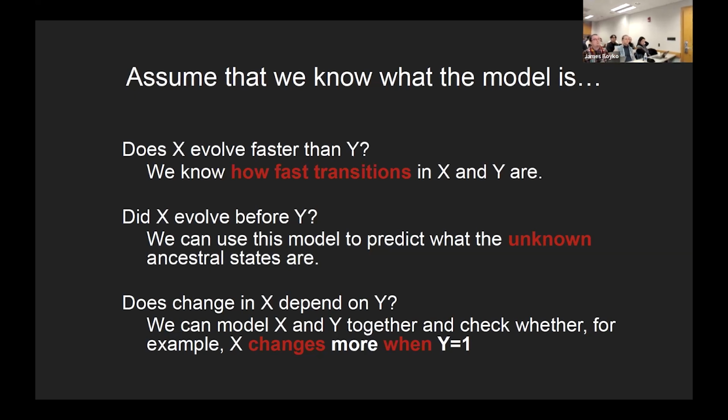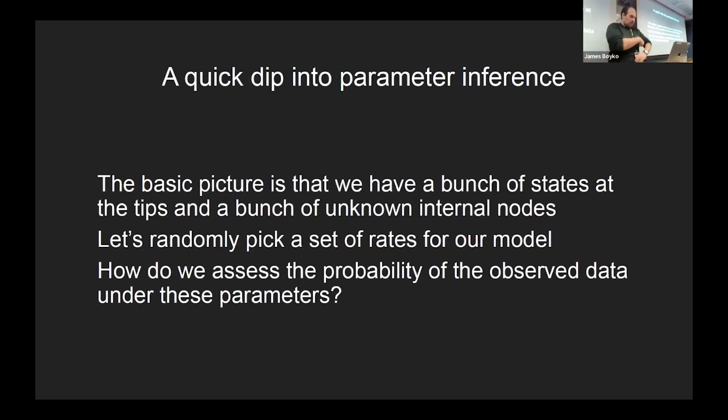Does change in X depend on Y? We're going to talk about this model in a little bit, but we can model X and Y together and check whether X changes more when Y is in a particular state. So we'll talk about these models in a little bit. That's the basic picture: you have a bunch of states at the tips and a bunch of unknown internal nodes.